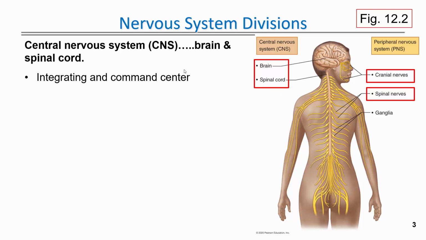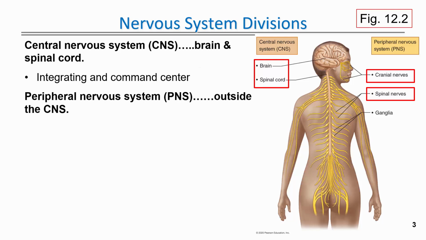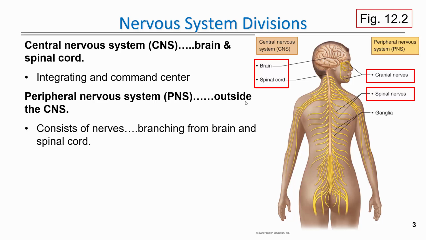So we can think about the central nervous system as an integrating center and a command center. So this is where all the information is generated that will regulate the activity of the organs in the body. The peripheral nervous system is that part of the nervous system that resides outside the CNS, and you can see that in these yellow extensions coming away or moving away from the spinal cord.